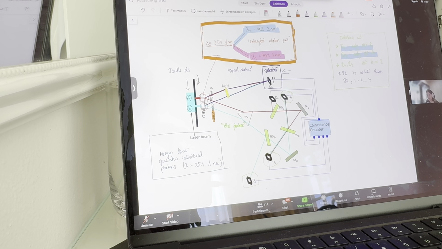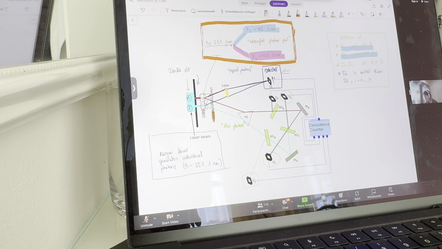So basically everything is already detected at detector D0. And then after some time, and I mean, that is now exaggerated, but basically what you can think about is, after some time, the Adler photon is detected at D1, D2, D3, or D4.